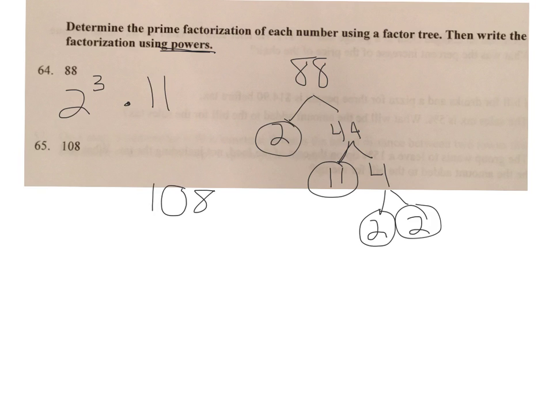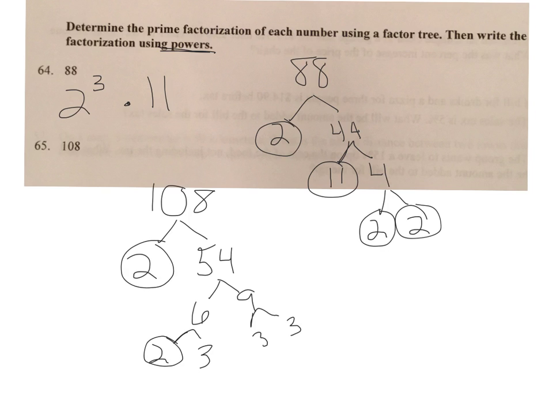Okay, 108. I know 2 can go in here, and that would be 54. And then I know that 6 and 9 can go in here, which would be 3 and 3 on this side, and 2 and 3. Remember, it's multiplying, not adding. So I have 2 2s, so that's 2 squared. 1, 2, no, 3 3s, sorry, 3 3s, so 3 cubed.